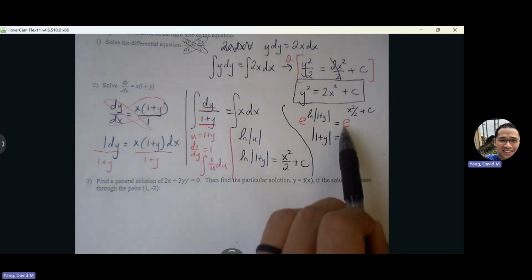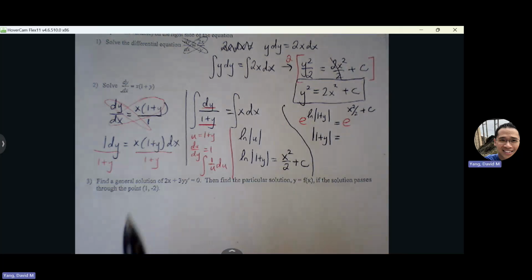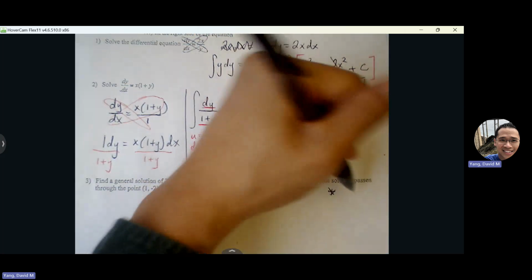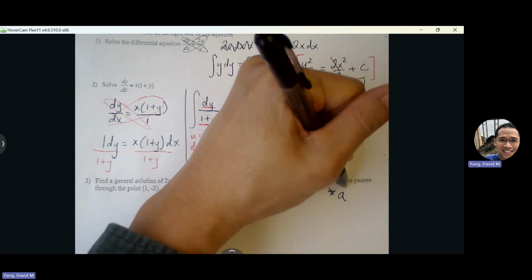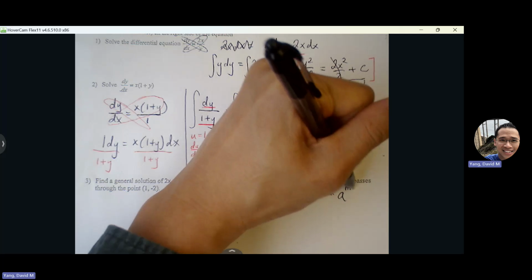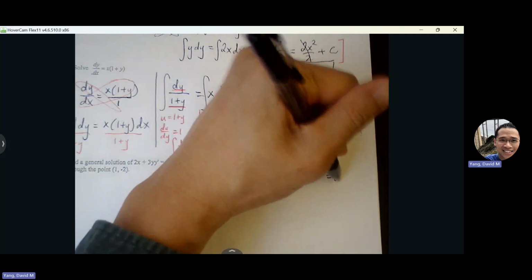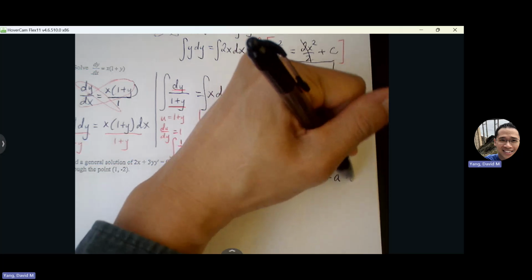On the right side here, there's a property. I'm going to bleed into number 3 a little bit. I want to show this property. The property is that if I have a base raised to the sum of multiple exponents, I can break that up into the product of two bases.